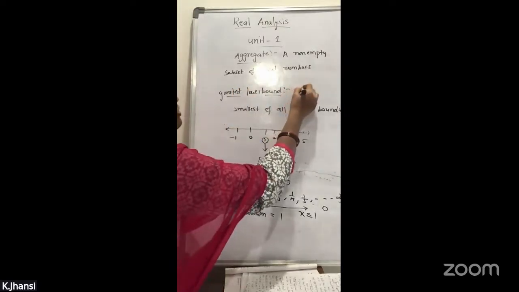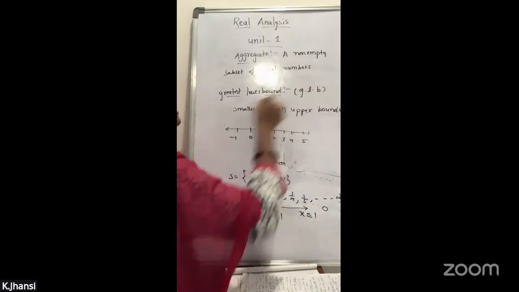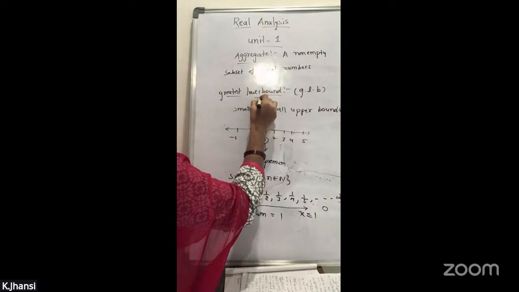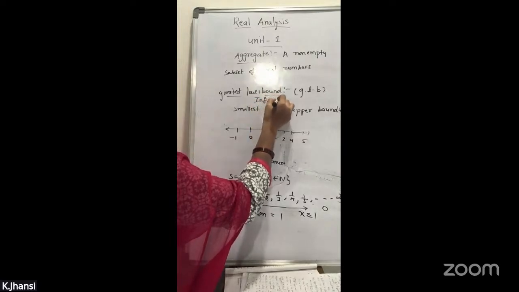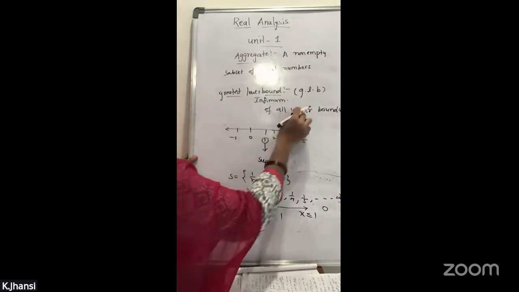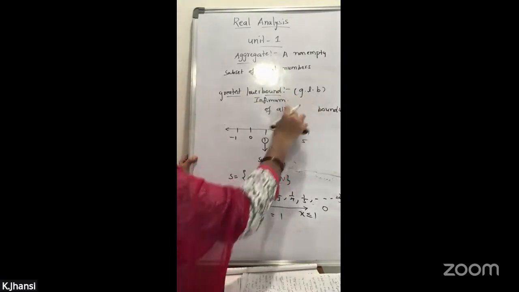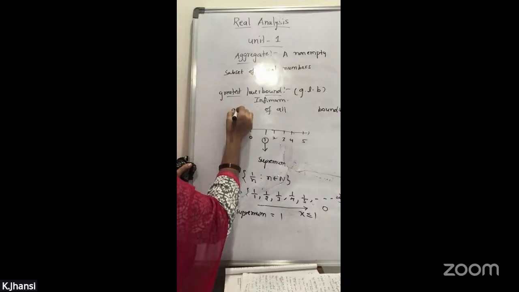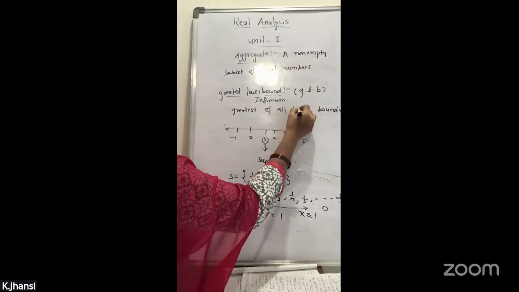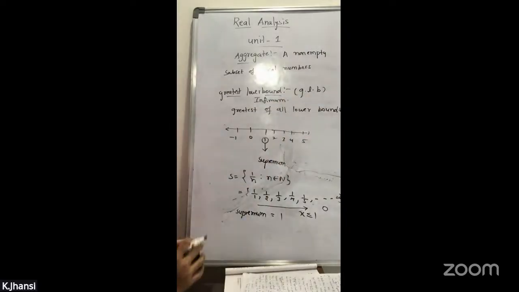In your textbook, you can see a shortcut like this: G L B. And it is called the infimum. So it is called the greatest of all lower bounds.